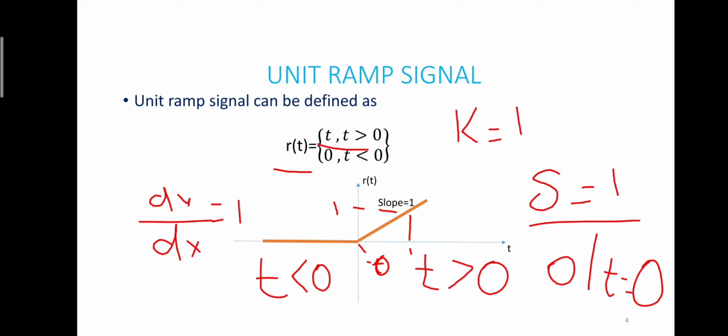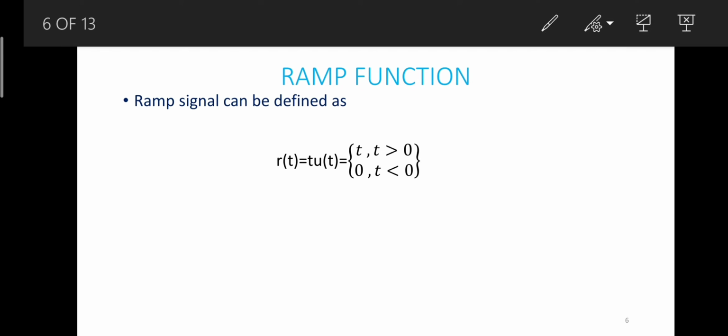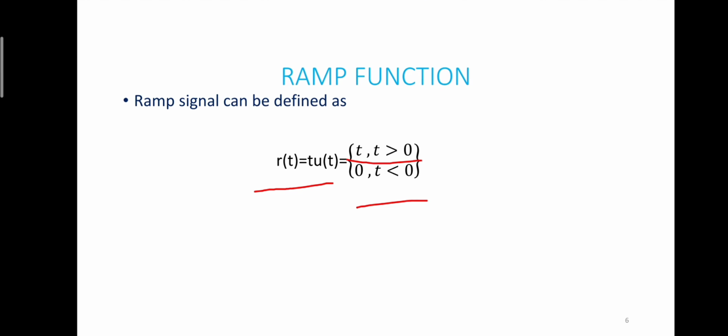So let's see another expression for unit ramp signal. The ramp function can be defined as r of t is equal to t into u of t, where for positive time it is t and for negative time it is 0. So let's check why this is correct.